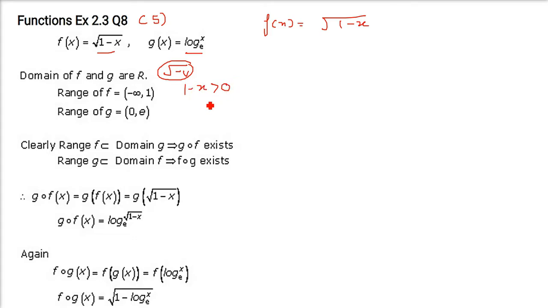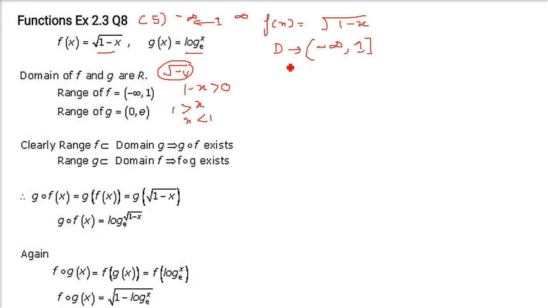Then x should be less than 1. So x is from negative infinity to 1. This will be the domain, because all these values will give a valid function value.